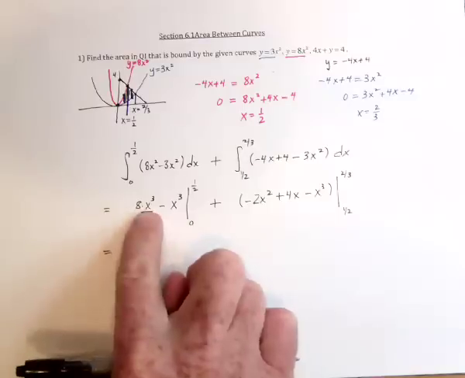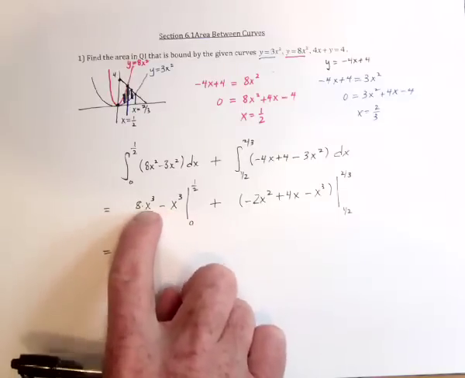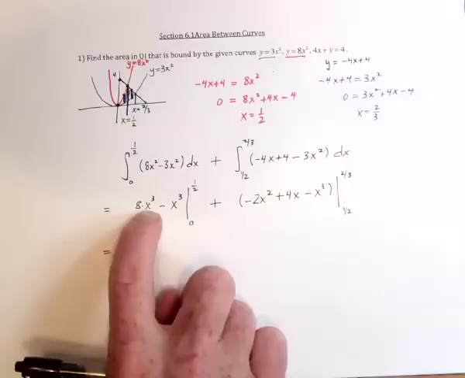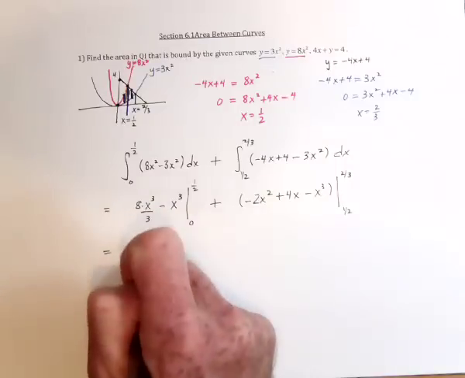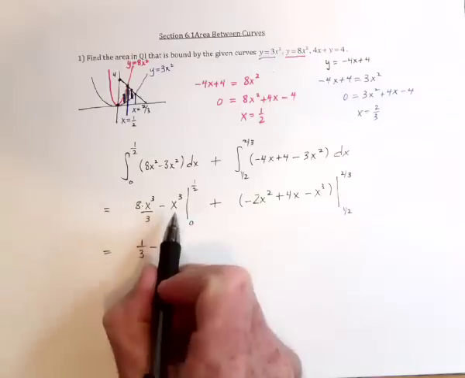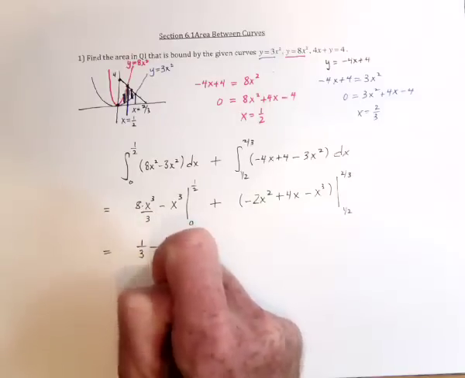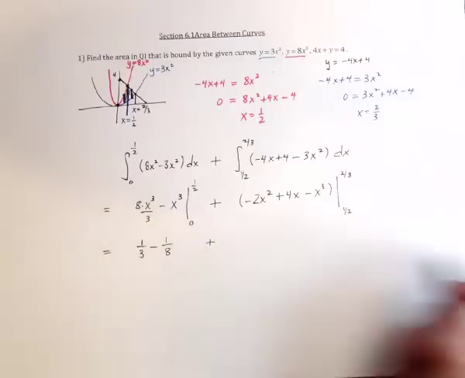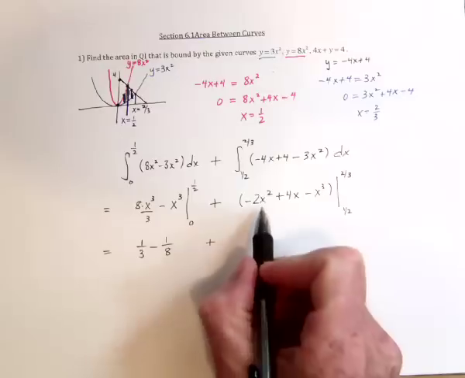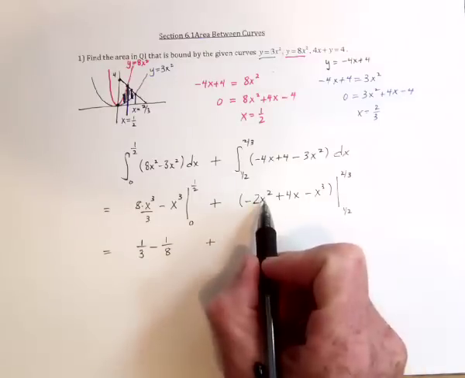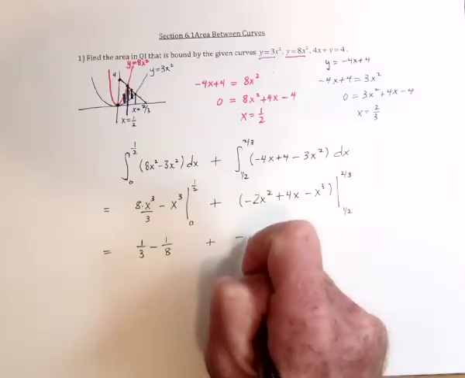So substituting a 0 in here will do nothing. Substituting a 1/2 will make this 1/8 once you cube it. The 1/8 will cancel that 8. It'll leave only 1/3. And then this will be 1/2 cubed, so 1/3 minus 1/8. And then add to that. So this is going to be 2/3 first of all, so that's 4/9 times a 2.